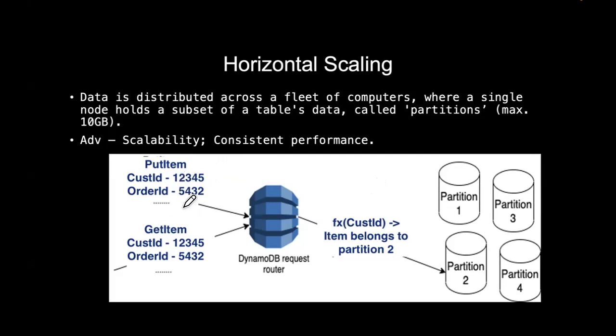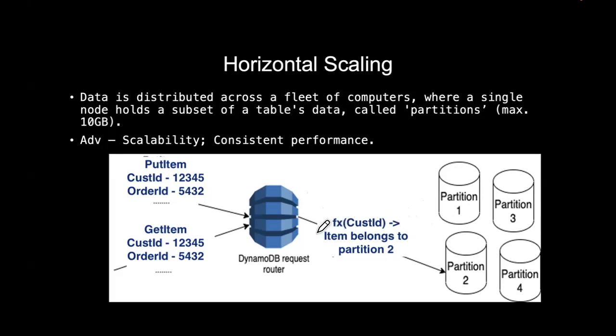And there will be other attributes as well. When we send this request to DynamoDB, what it does is it takes the partition key value, puts it through a hashing algorithm, and the output of this hashing algorithm will be the partition number that the item should be written to. So it'll either be 1, 2, 3, or 4 in this case.